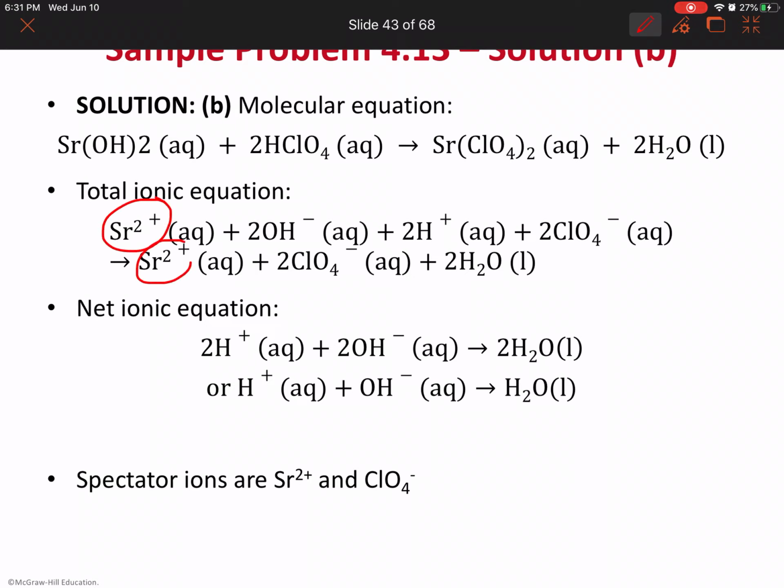Strontium 2 plus, strontium 2 plus, and then 2 ClO4 minus, 2 ClO4 minus are going to be your spectator ions. And for the net ionic equation, you have hydroxide and 2H plus forming liquid water. So 2 to 2 to 2. When you divide by 2, the formation of water is going to be the net ionic equation.